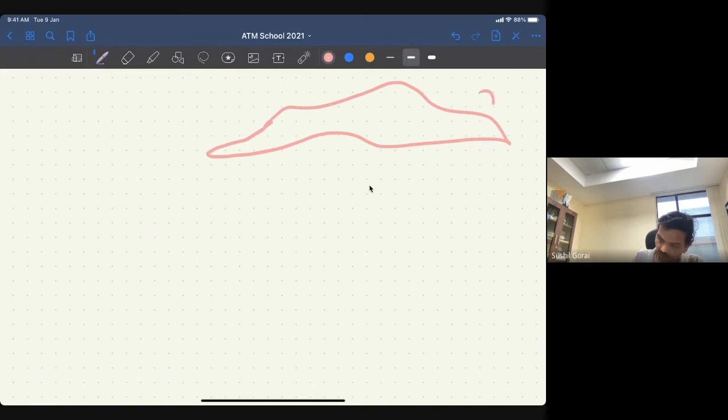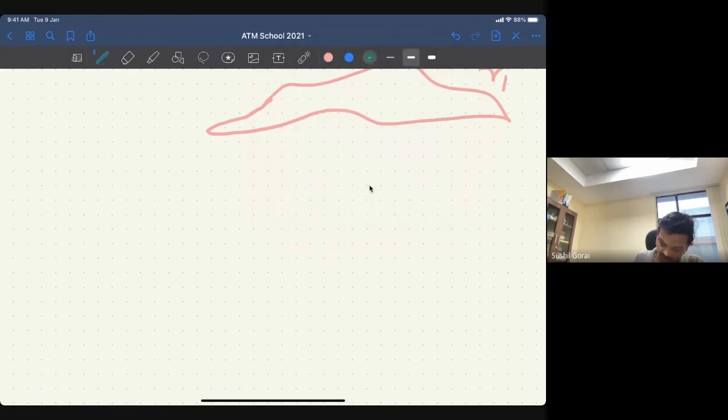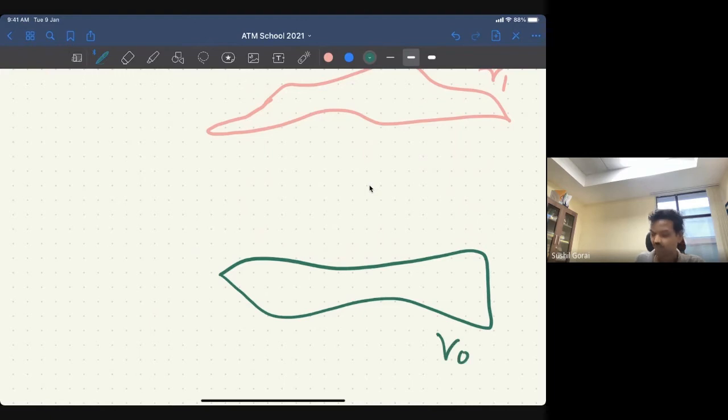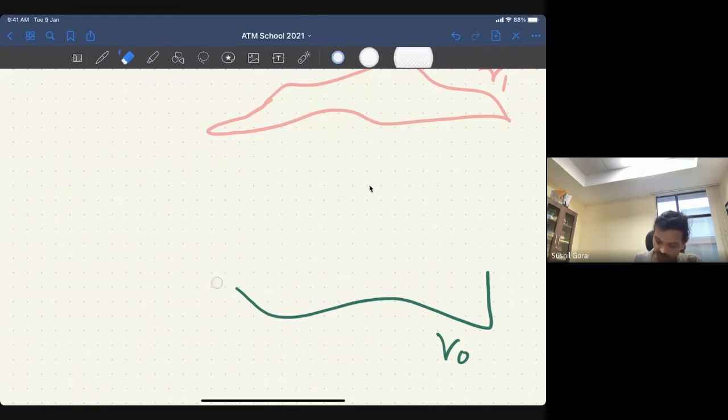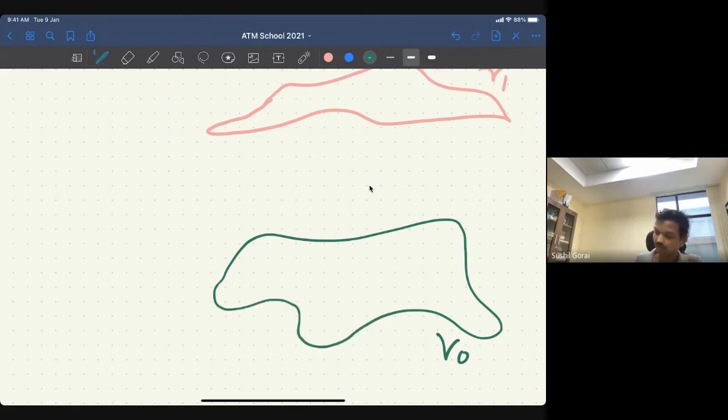Let's say you have gamma 1, this one, and you have gamma naught, or maybe let me show a little better way. Gamma naught. All right.